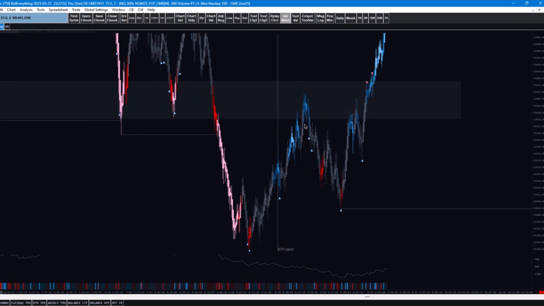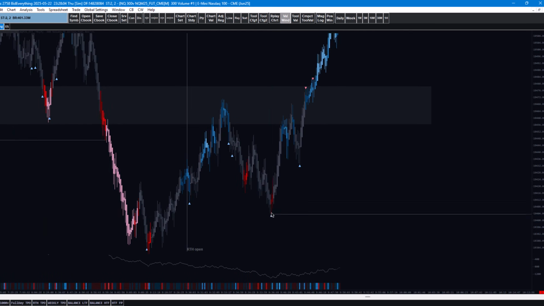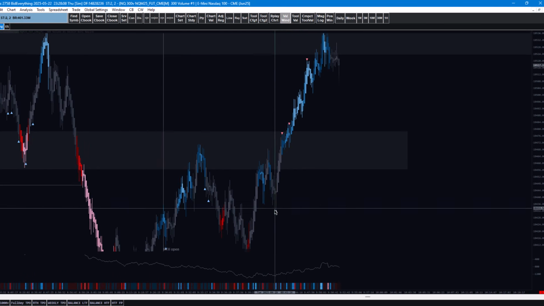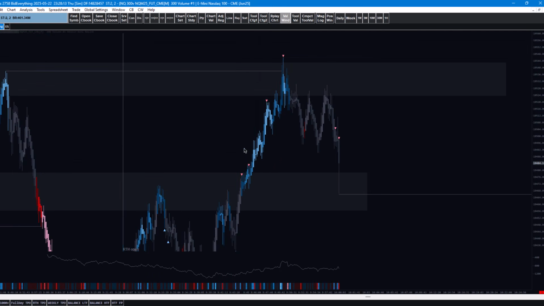So yeah, we open, we reject it, lots of buyers coming in, right? Buyers coming in, and then extreme amount of selling comes here. Okay, we come back, some buyers, more buyers come in here. Sellers come in, they don't do anything.